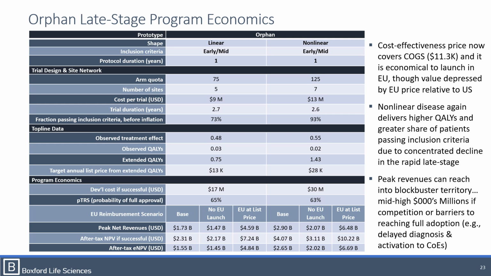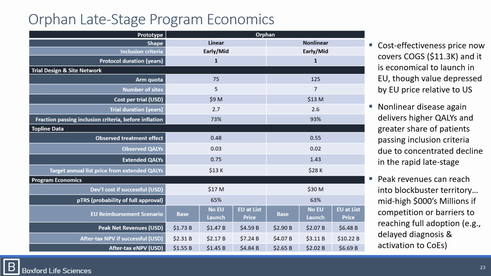And we find that the economic potential now gives you the possibility to have blockbuster sales above $1 billion. Now here we're still assuming something that's relatively optimistic in a sense that there's no competition in this orphan disease, and among the diagnosed population we're able to get pretty broad awareness and activation starting on drug.